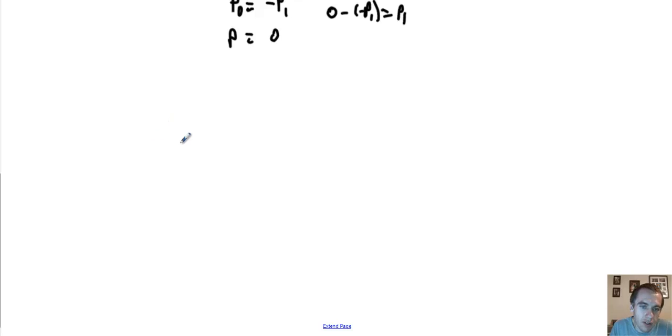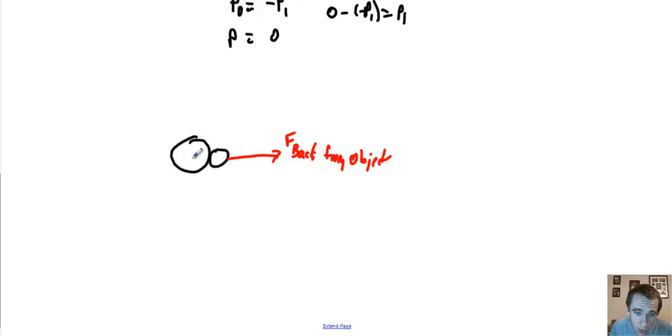So if we take a closer look at that, right during the collision these two things hit. Well, there's two forces that act. There's the force on this ball, this is the force back, and that's from the object. So this ball that we throw at the object is going to exert a force on the object and stop it.